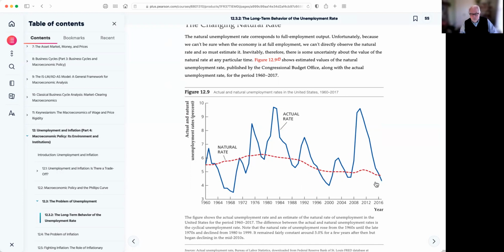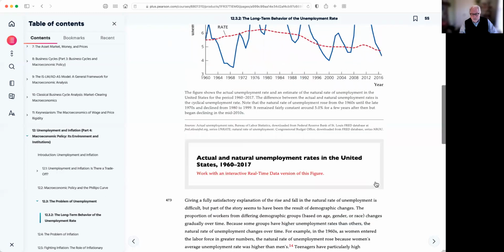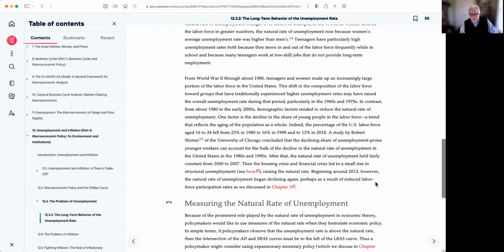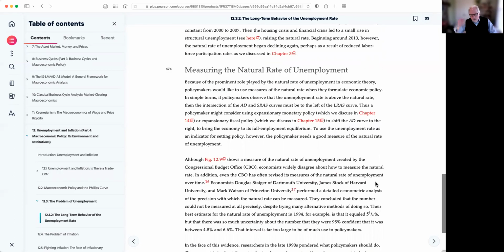Why does that matter? Because when we're looking at the unemployment rate and trying to figure out whether it is high or low, we look to some notion of what full employment or the natural rate means. So having a good understanding of how we measure it and what the actual level of the natural rate is, is important for policymakers.